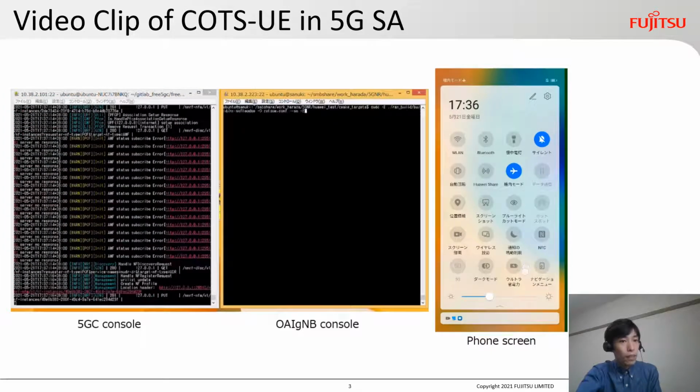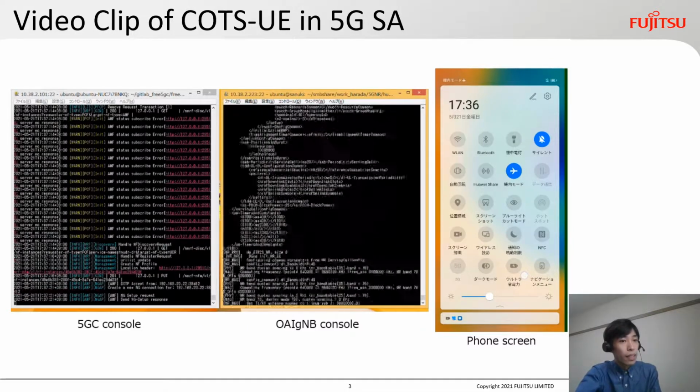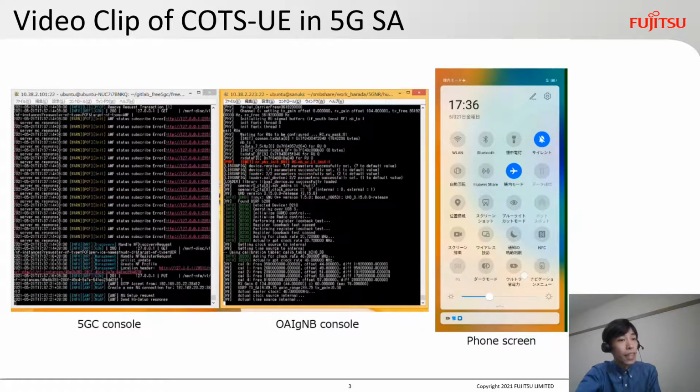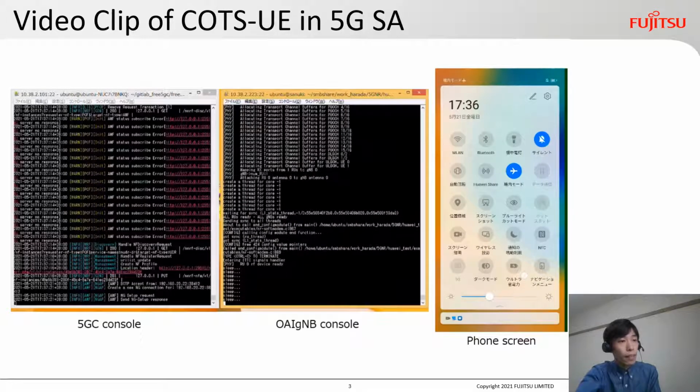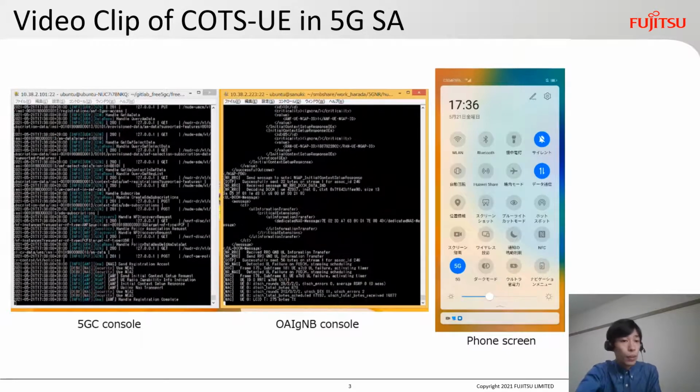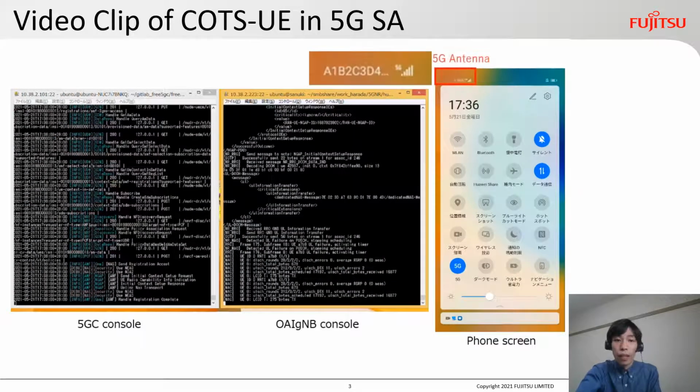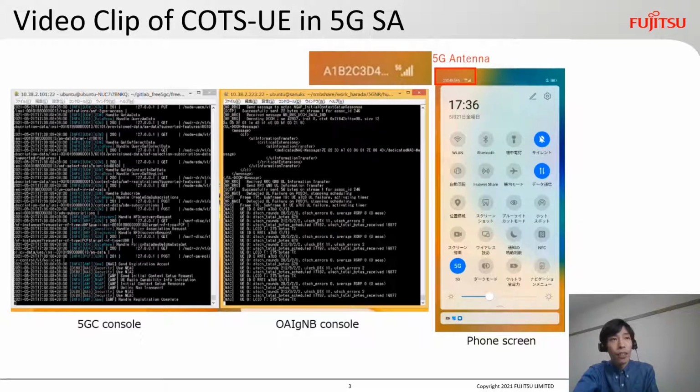First, we initiate 5G core nodes. Then we start OAI gNB. Now when you turn off the flight mode, this UE attached to the network and you can find the 5G mark over there.